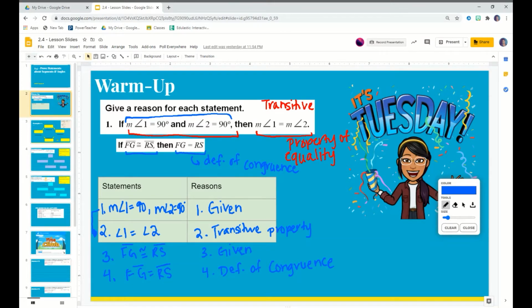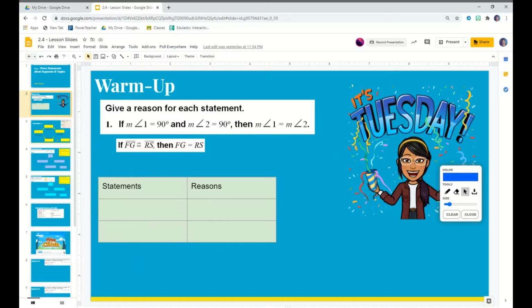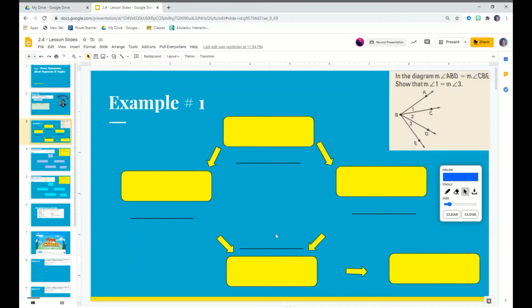Sometimes the reason can be the segment addition postulate. Because postulates don't need any additional information. They just exist. They're true because of their existence. So this is just an example of how you can organize it on a T-chart. And we're going to look at various ways to organize a proof. Okay.